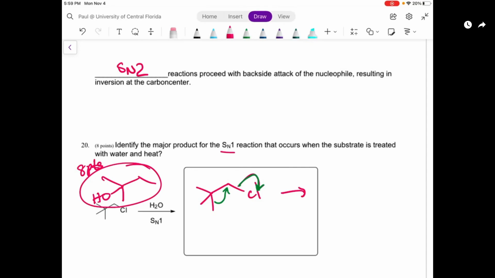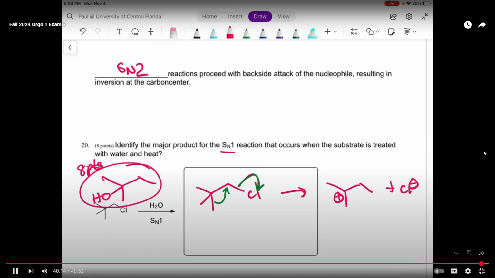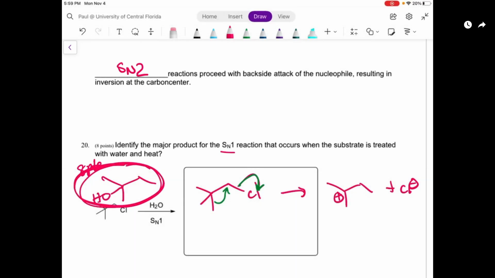And then we would get that species. And then we proceed by the mechanism that I just showed you with having water come in and attack. So you get a full 8 points for that species.